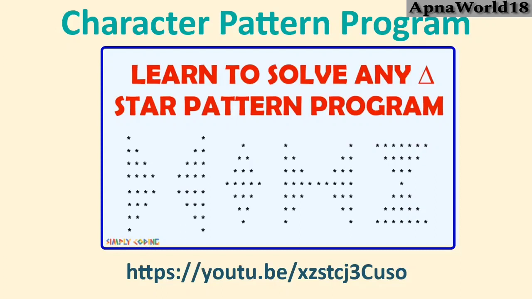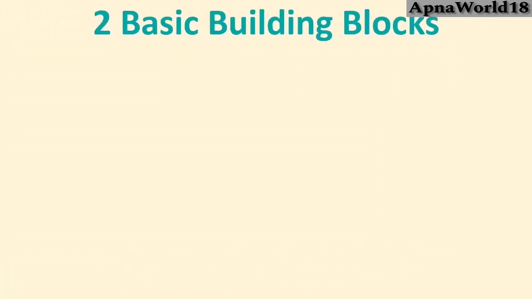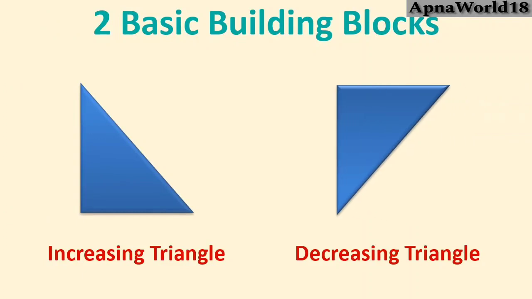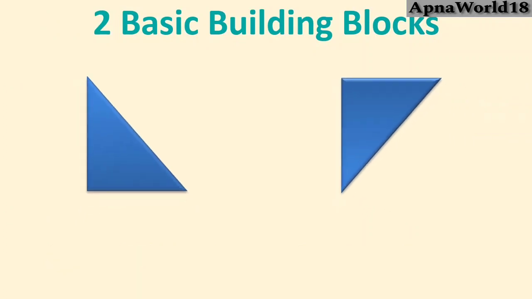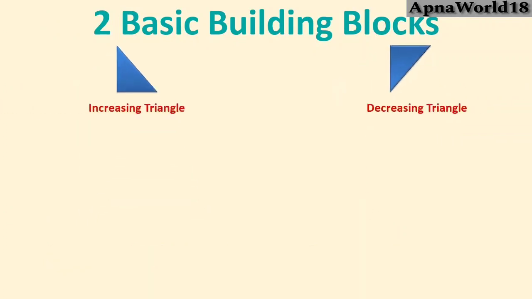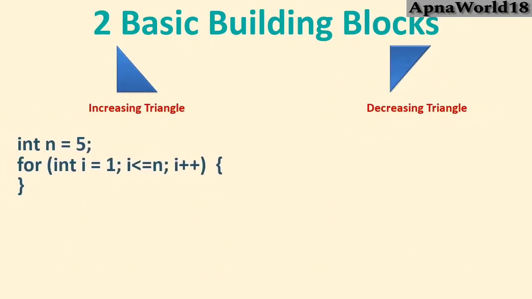I am giving you a quick summary of my star pattern video here. What we learnt is that you can make complex shapes by learning to code only two basic shapes, increasing triangle and decreasing triangle. Let's see the code for both of them. Increasing triangle has an outer loop from 1 to n and an inner loop from 1 to i.